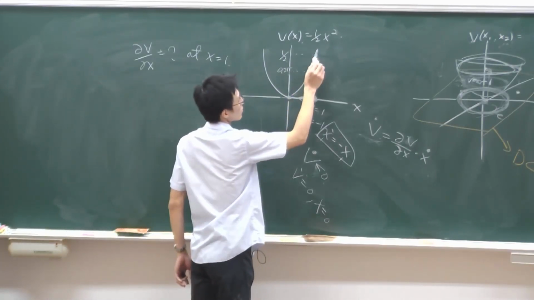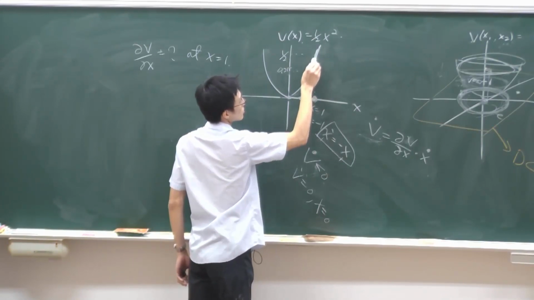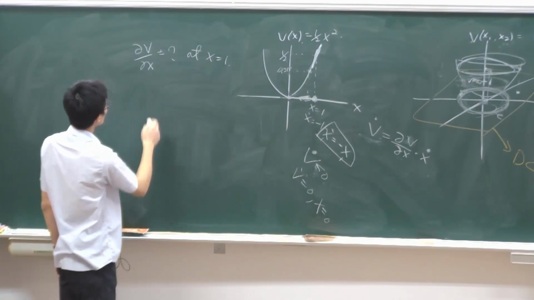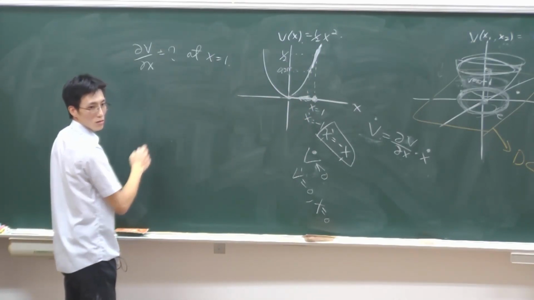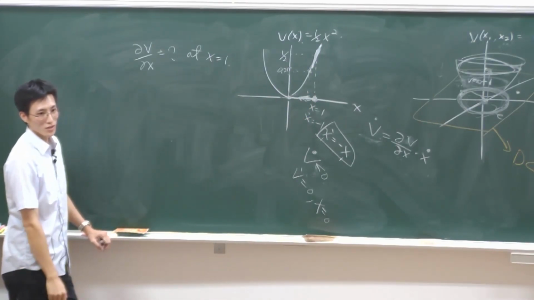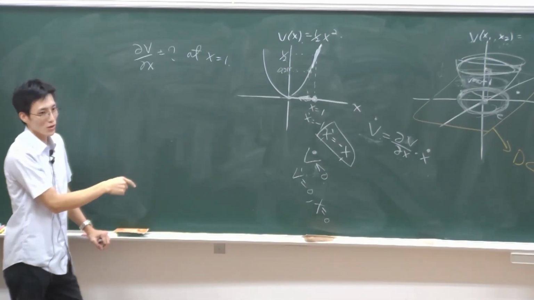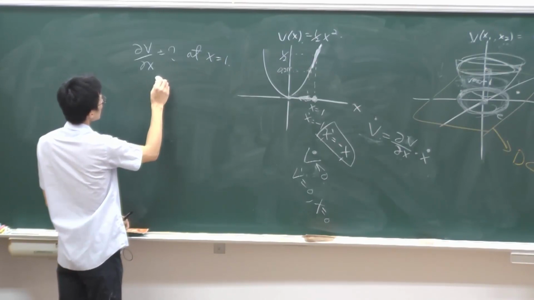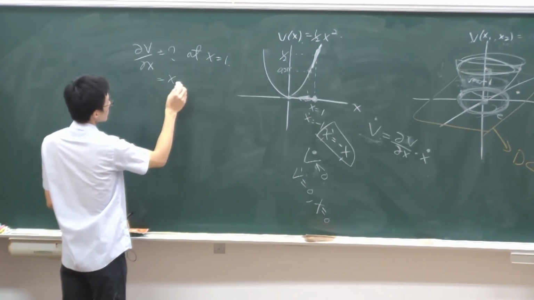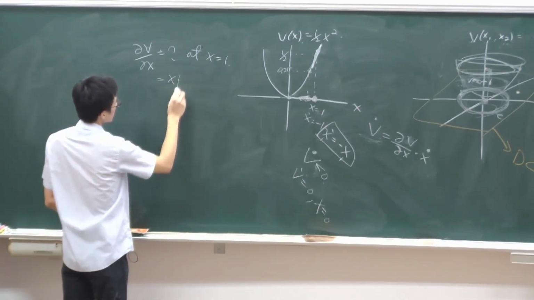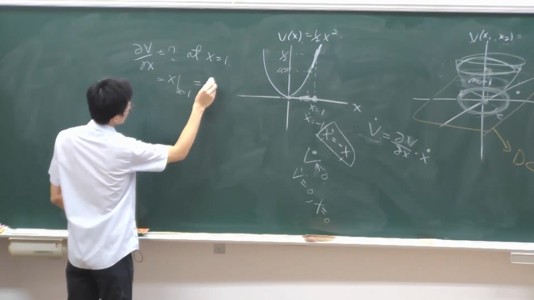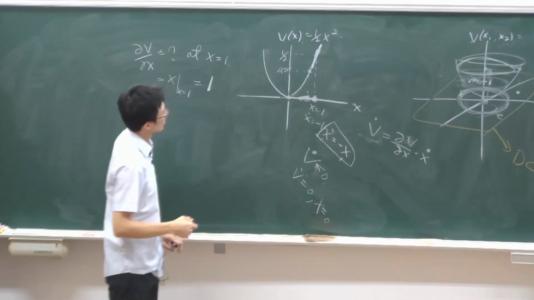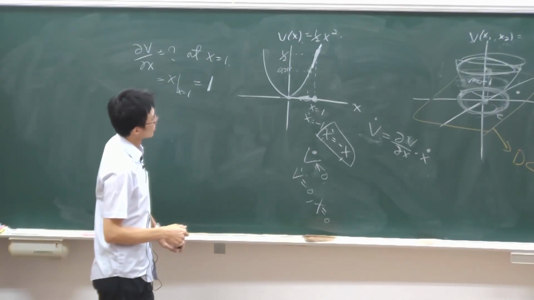If you use visualization, it's this slope. The gradient is the slope of this function with respect to x. The gradient of this is x, and substituting x equal to 1, it will be 1. The slope is 1. It's positive.